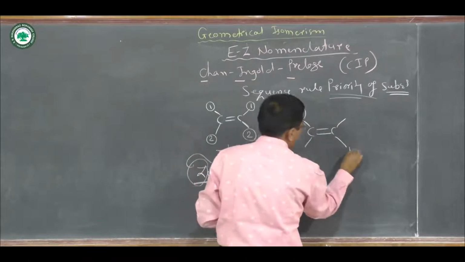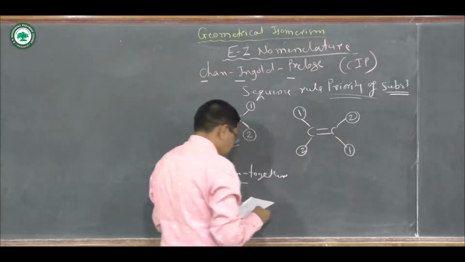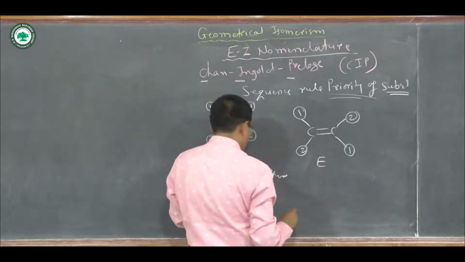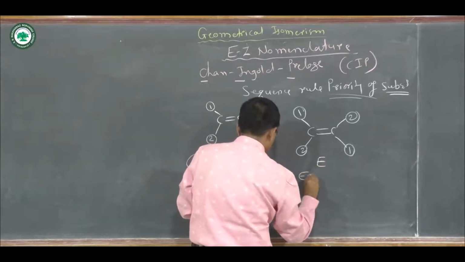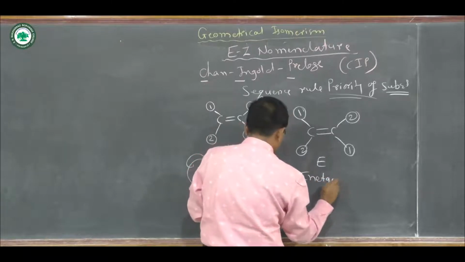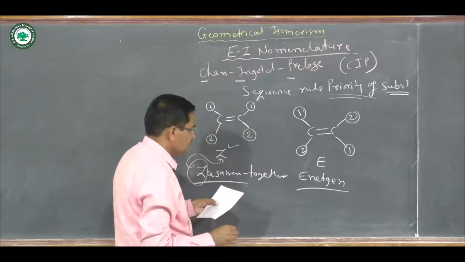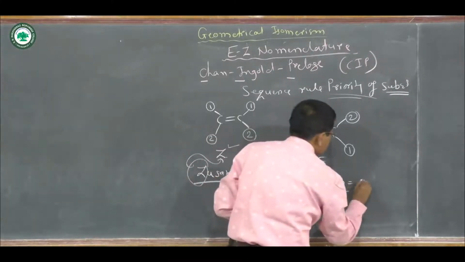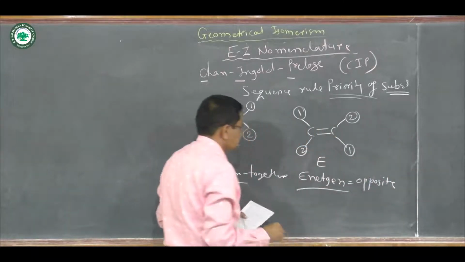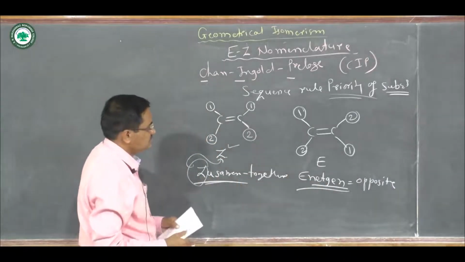And suppose the higher priority groups are on the opposite sides, then this is E, and this E comes from the German word entgegen, which means opposite. Both words come from German.